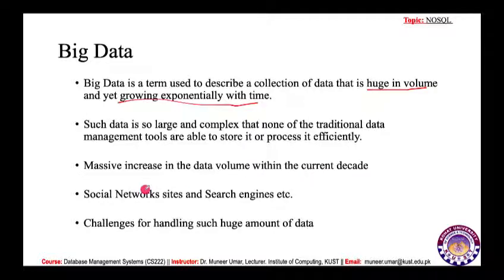Social networks and search engines are using a bulky amount of data which cannot be processed by the RDBMS in an efficient way. So handling such an amount of data is a big challenge.